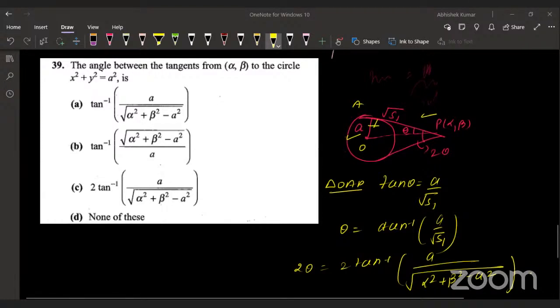So next class onwards, we will start conics part 2.